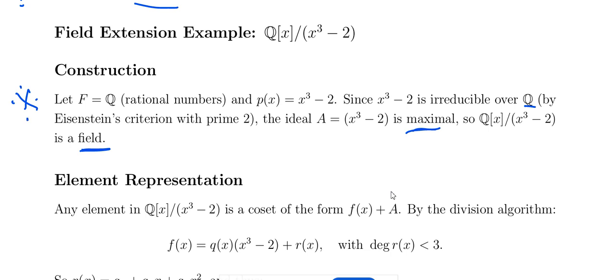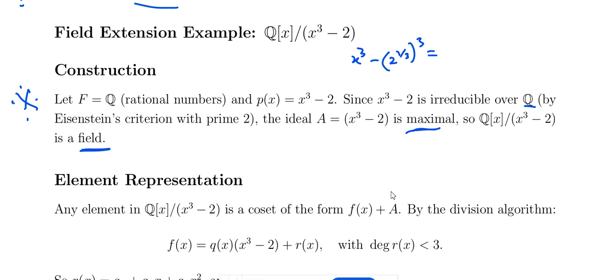Now if we change the field Q, then this cannot be a field. If we take R instead of Q, we can factorize it. It will not be irreducible. How can we factorize it? Write x cube minus 2 as a cube, and apply the formula a cube minus b cube. So how to express 2 in terms of a cube? That is 2 power 1 by 3, whole cube.